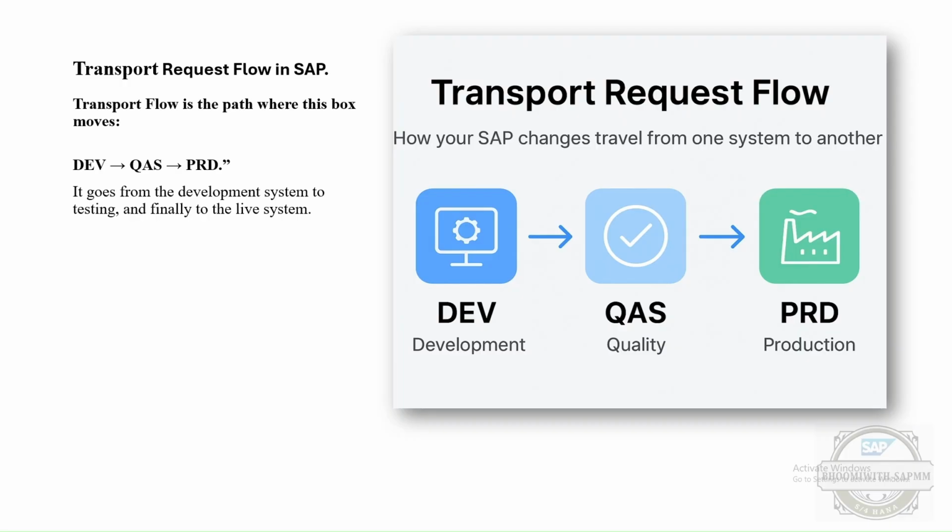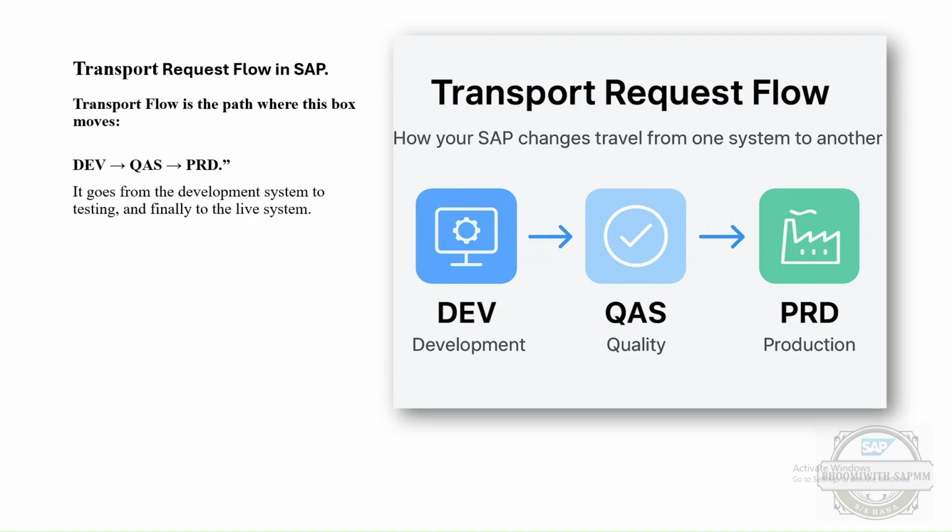Here consultants work and make configuration or development changes. Whenever we save any change, SAP stores it inside a transport request. So the TR starts from the development system.